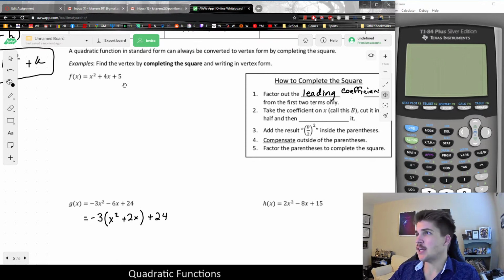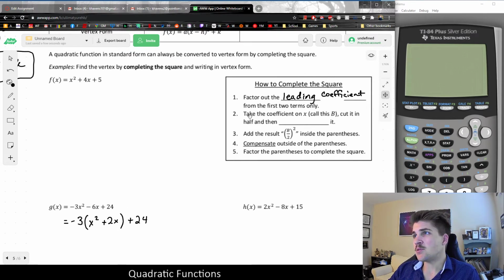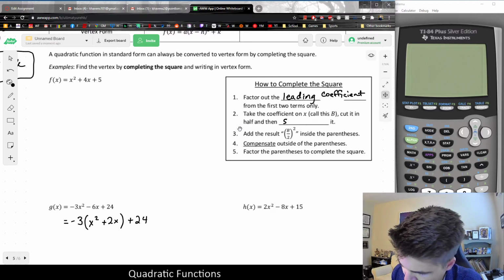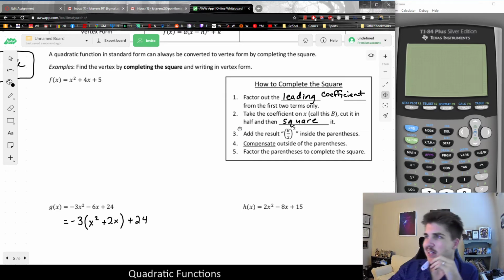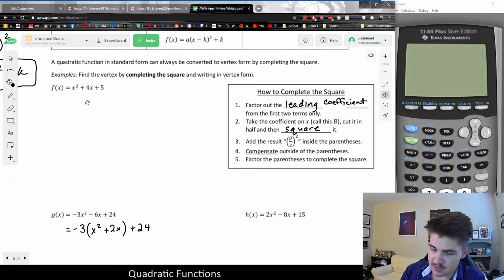And I did not have to do that here. So step 2 says take the coefficient on x, call this b, cut it in half, and then square it, which is what the second blank is. If you have printed this out and are taking notes, that's what the blanks are. And so actually on this one, since there was no step 1, we didn't have to factor anything out.